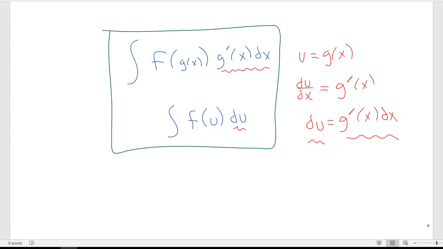So the substitution rule is kind of unique in the sense that it has to be a composition, and as part of that composition, the derivative of the inside needs to appear in the rest of the integral.